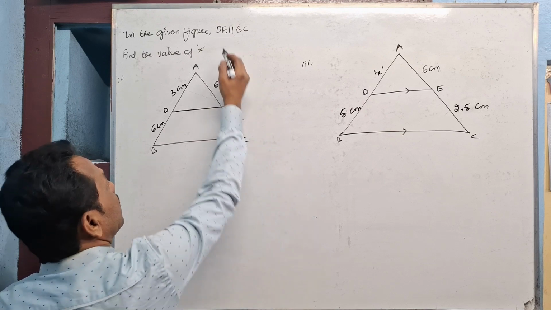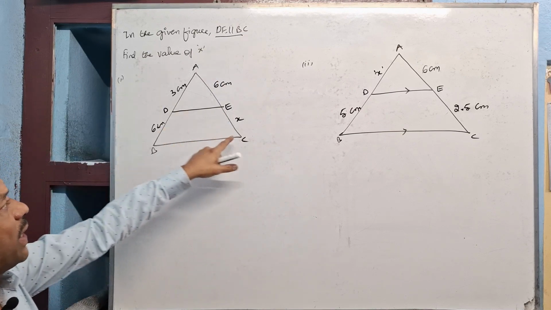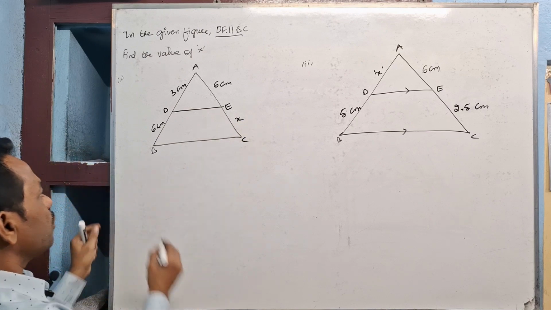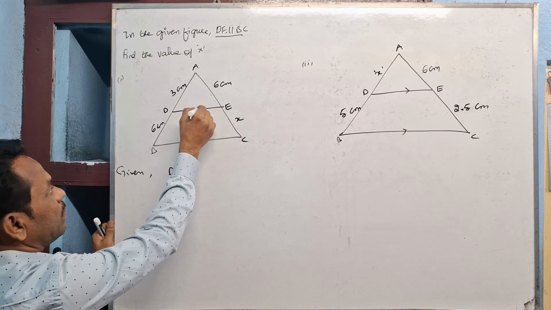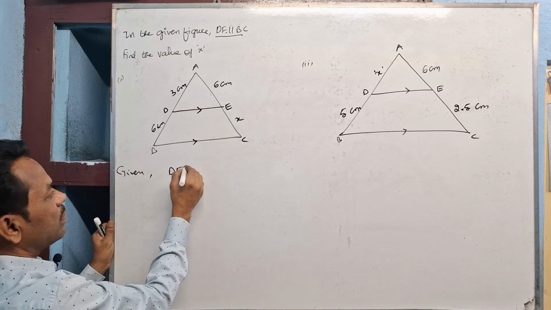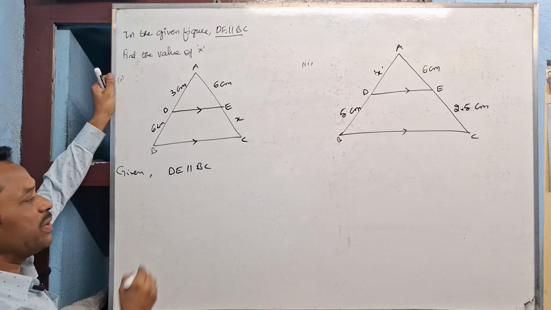Bachcho, in this question, it is given that DE parallel to BC and we need to find the value of X here. So given DE parallel to BC. Now we can apply basic proportionality theorem here.